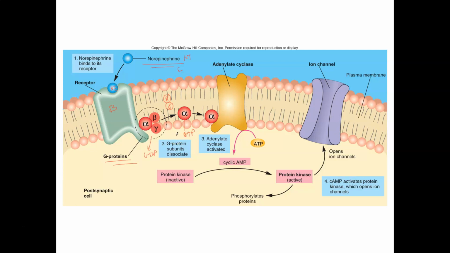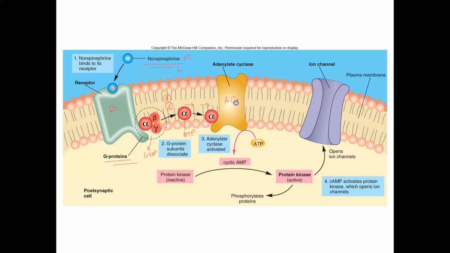The active subunit, whether it's alpha or beta gamma, in this example, we're following the alpha subunit. That alpha subunit is going to move through the plasma membrane and it's going to activate, like I said, either an ion channel or an enzyme. So in the case of the beta adrenergics, they interact with adenylate cyclase.